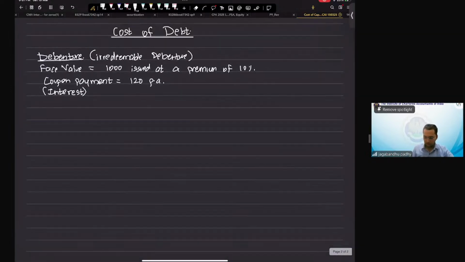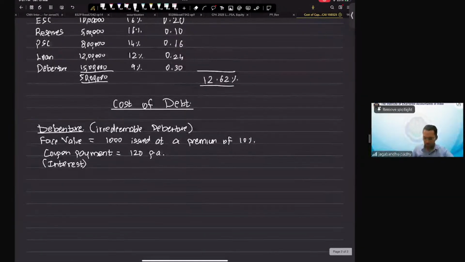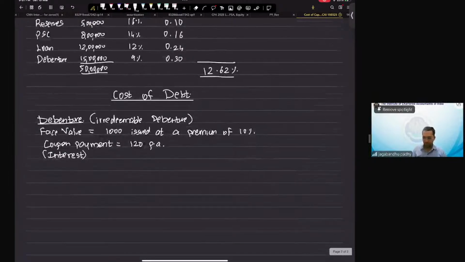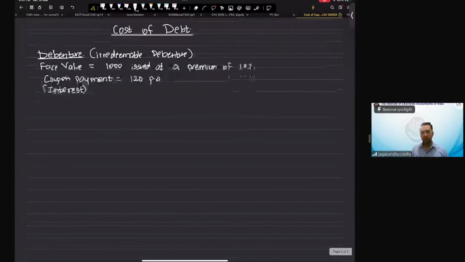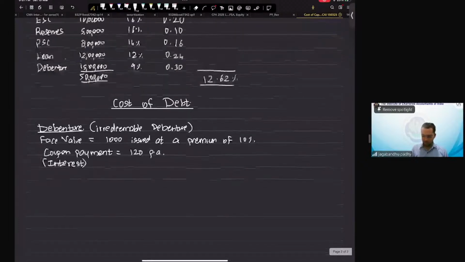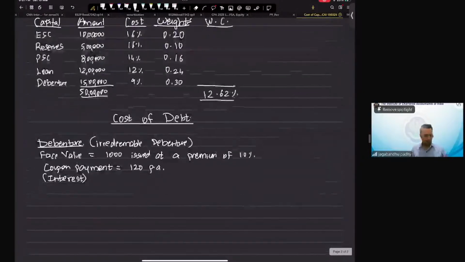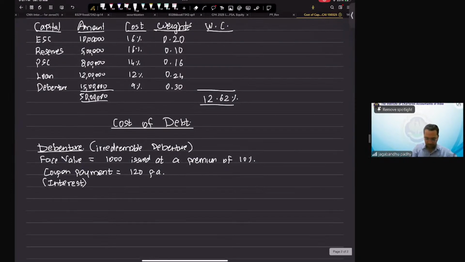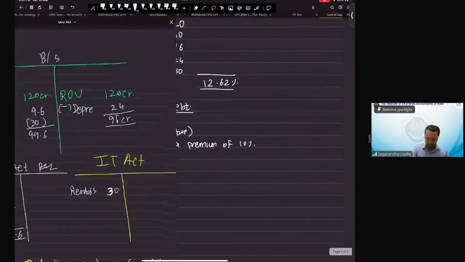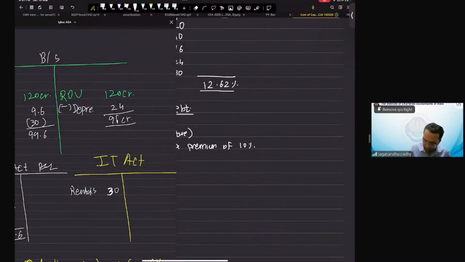Okay. Coupon is basically annually the amount of interest that is going to be paid by the entity to the debenture holders. Now my question to you is, this irredeemable debenture principal is never going to be repaid.